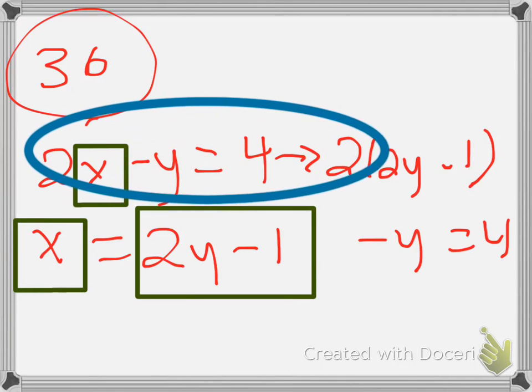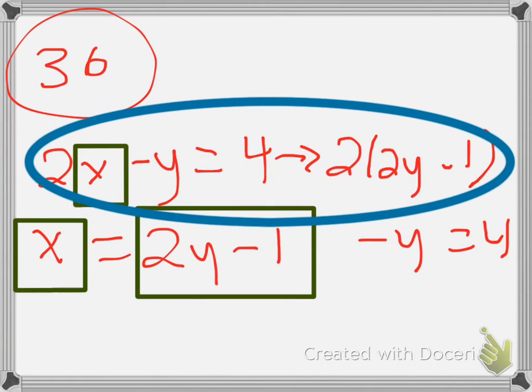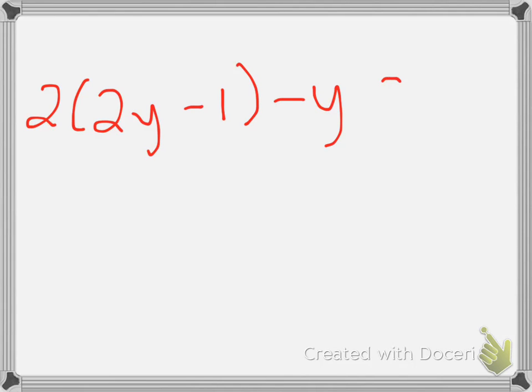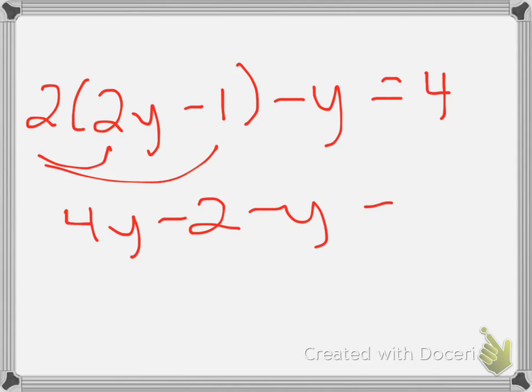This whole thing right here is really sloppy how I plugged that in. So I'm going to redo it on the next page over here. We say 2 times (2y minus 1) minus y is equal to 4. I'm now going to solve for y. I'm going to distribute. I'm going to combine like terms.